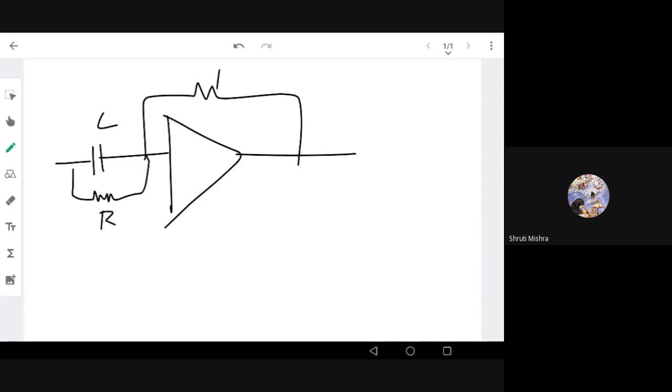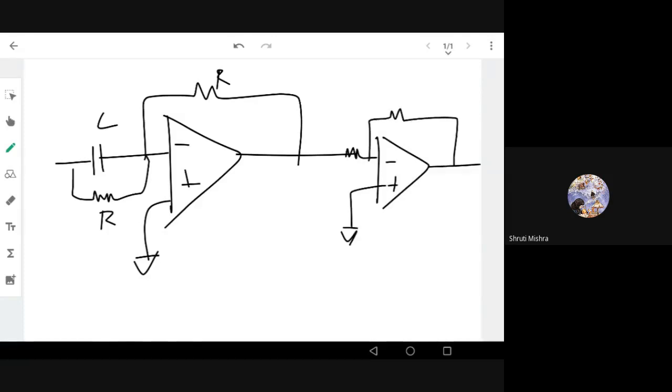Right, so you can keep it like this, minus, plus, this is grounded. Now we need to avoid the negative in the gain, so I put a gain stage once again. So this is R, this is R. So this is somewhat what we can call a derivative controller.